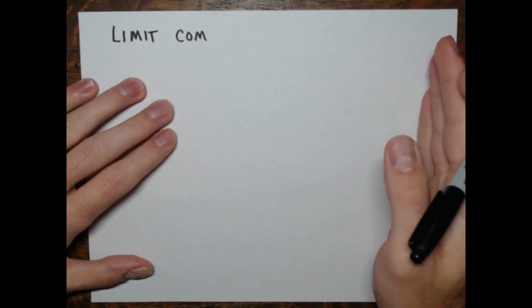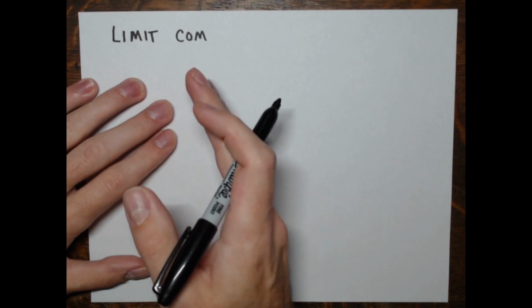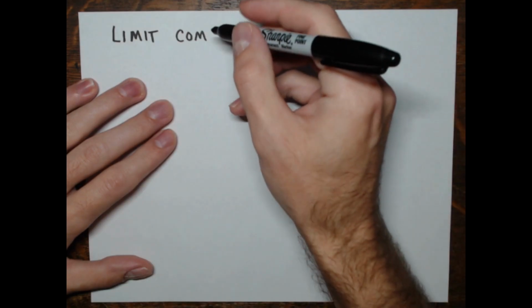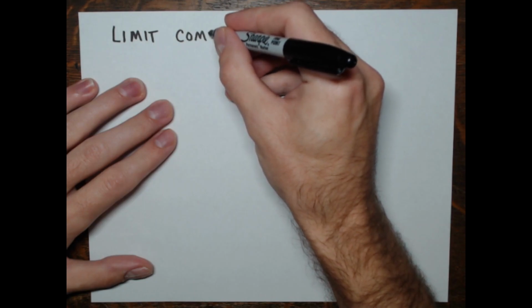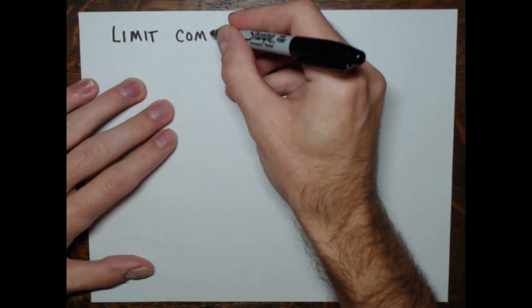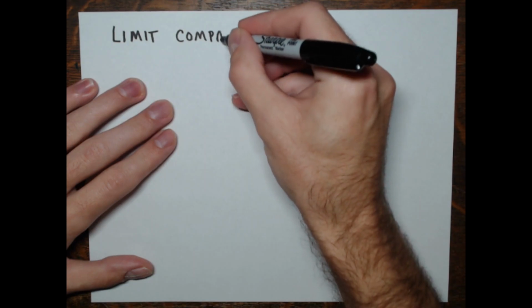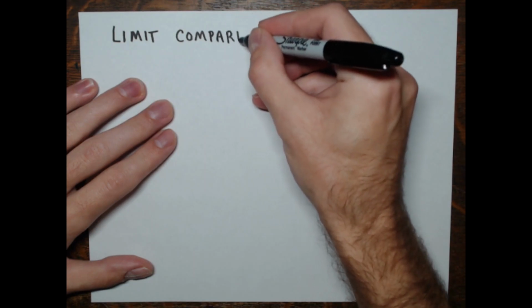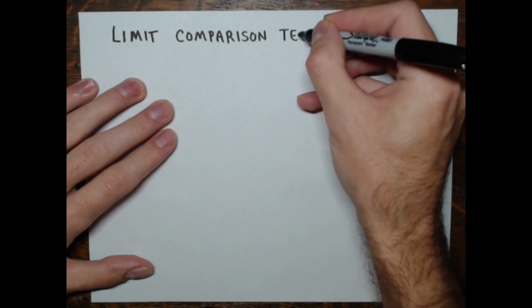If they're eventually non-negative, from some n onward, we could apply the limit comparison tests, but we'll just stick to saying that they have to be non-negative series, okay? All right, so limit comparison test.